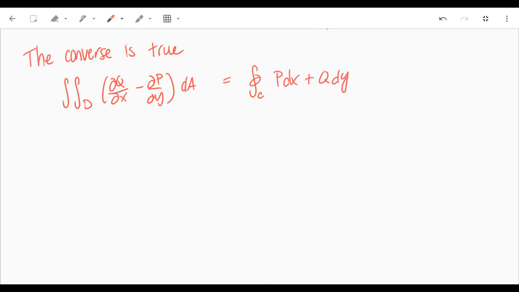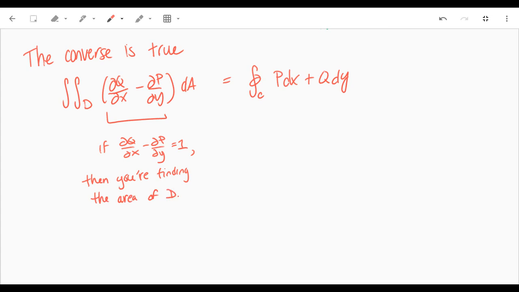Okay, and remember here, if dQ/dx minus dP/dy is 1, then you're finding the area of D. Okay, so if that's something that you want to do, you can kind of pick.